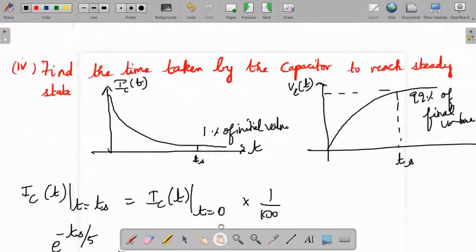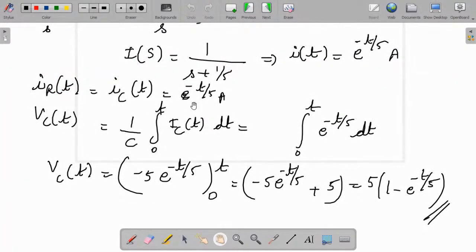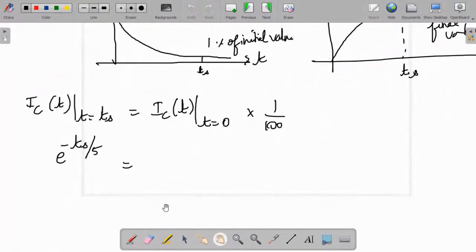Okay, so I will use what is here. The previous results are there, IC of t, this is what I have used. Okay, all of these are linked questions. So IC of t is equal to 0 times 1% of initial value. This is the initial value. Okay, so it is going to be 1 by 100. So what is Ts?